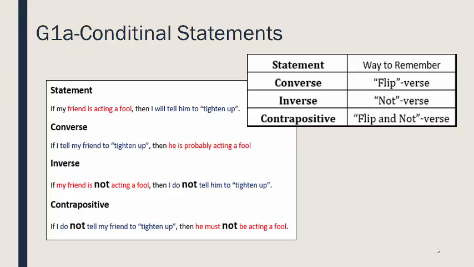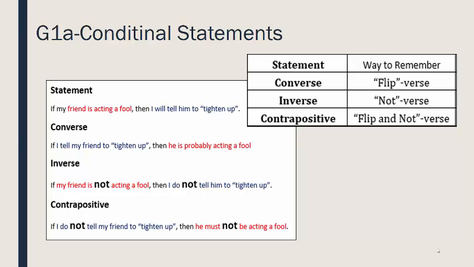The converse of that statement is, if I tell my friend to tighten up, then he is acting a fool. The inverse is, if my friend is not acting a fool, then I do not have to tell him to tighten up. The contrapositive would be, if I do not tell my friend to tighten up, then he must not be acting a fool. So that's a good example of converse, inverse, and contrapositive.